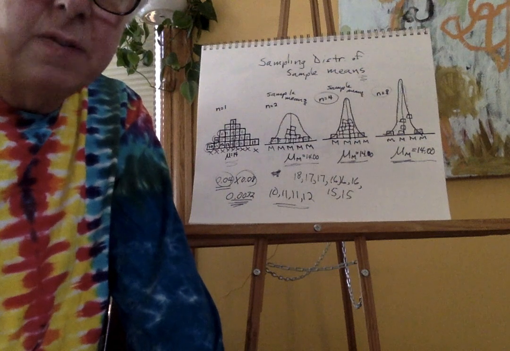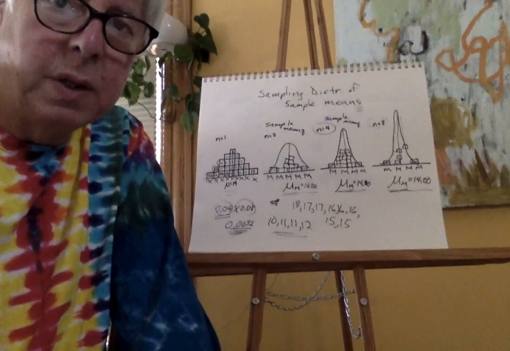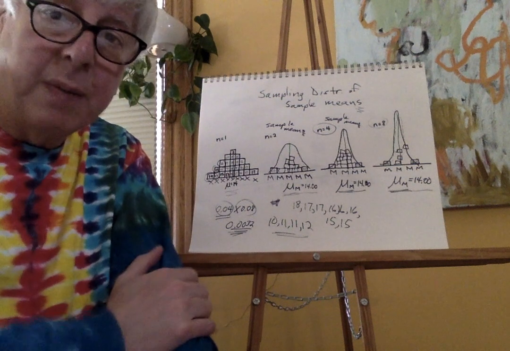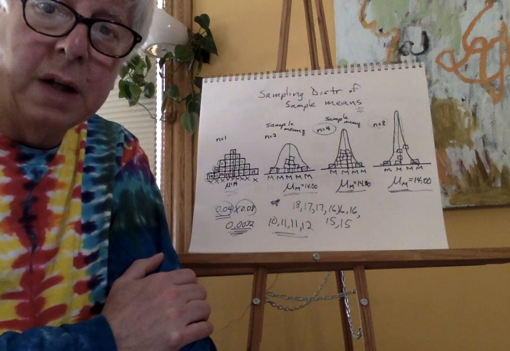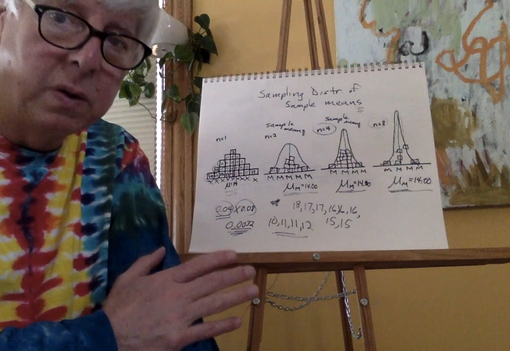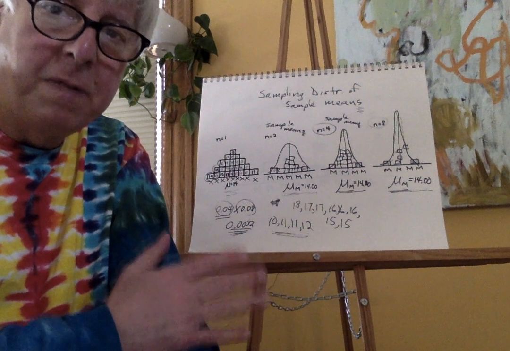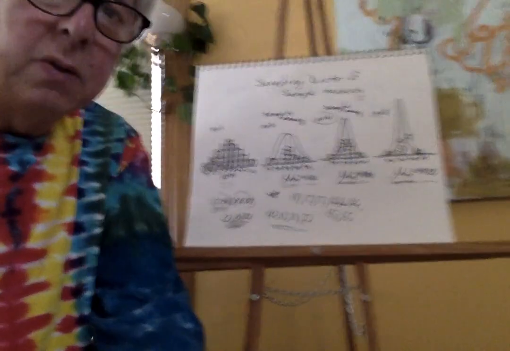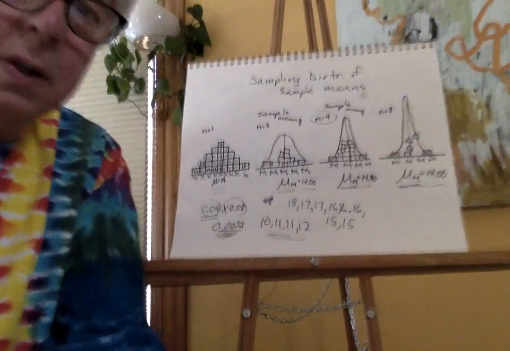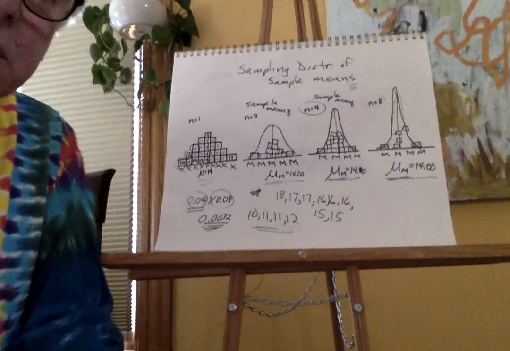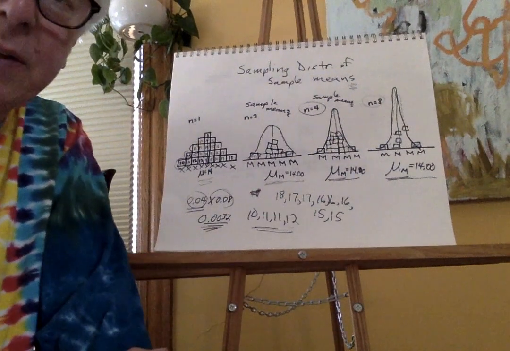Anyway, our last video, we left with this kind of a mess here, looking at sampling distributions, and I just want to review this because it's extremely important. In fact, I would really like you to keep this series of graphs in mind.